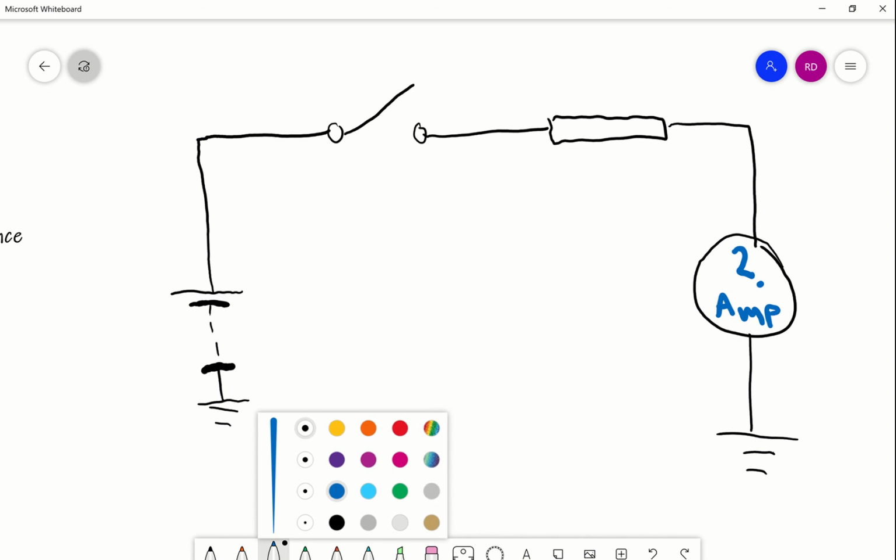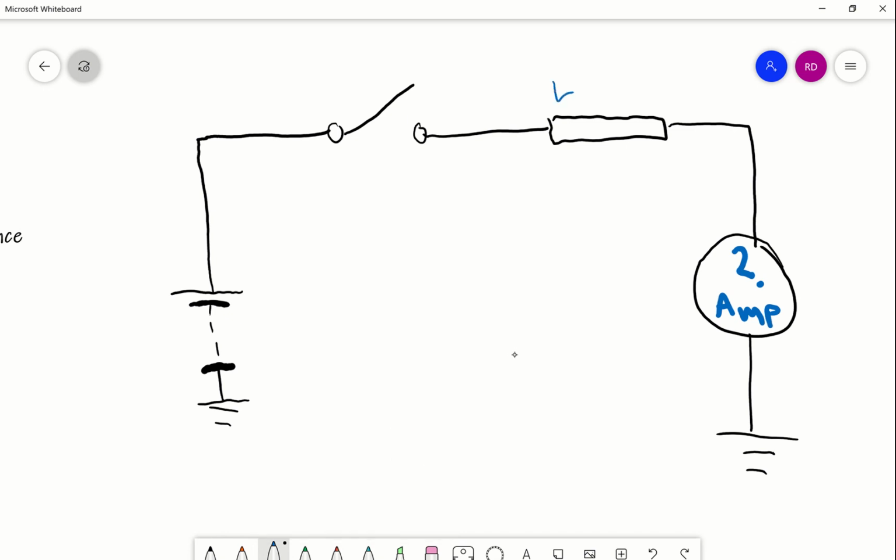Okay, so apologies for a very poorly drawn circuit here, but it's a bit tricky at times trying to draw on the screen with these pens. So I just want to label everything here. So I'm going to have a resistor here of 4 ohms, okay? This is obviously my switch here. And this is my battery, my very poorly drawn battery symbol, and that's going to be 12 volts in this circuit.